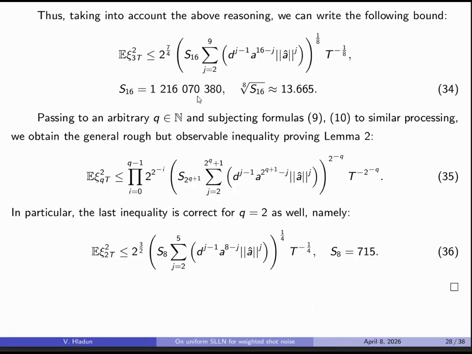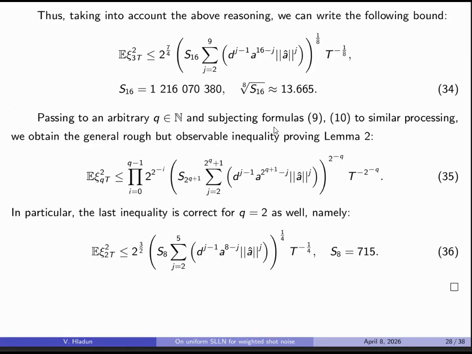Here, as you can see, S16 is greater than 1 billion, but after taking the eighth root of this value, we approximately have just 13.665.